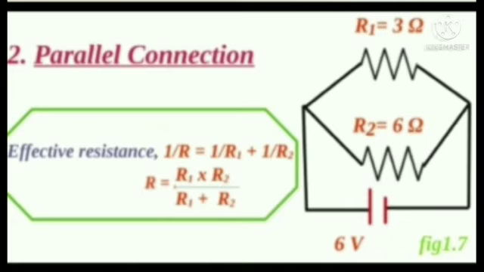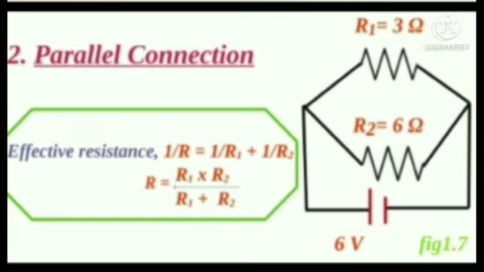It can also be written in another way: R is equal to R1 into R2 divided by R1 plus R2. It is easier for calculation. Both of them are equations for effective resistance in parallel connection, but we can use the equation R is equal to R1 into R2 by R1 plus R2 effectively.